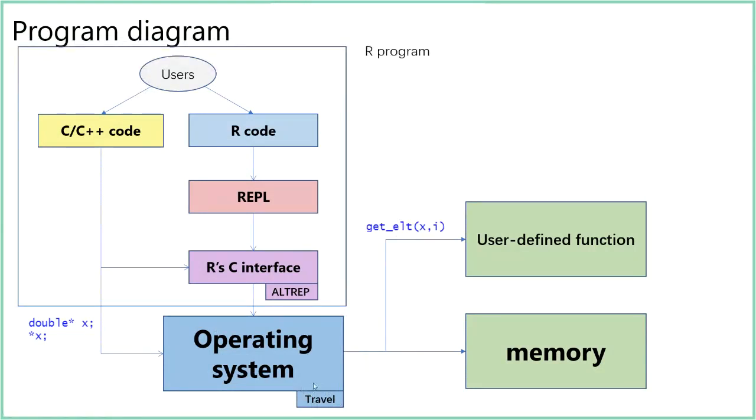Our travel package is actually a file system in your operating system. It creates a virtual file and then maps it into your memory, which is why it behaves like a pointer. But when you access that file, the request is passed to our user-defined function.